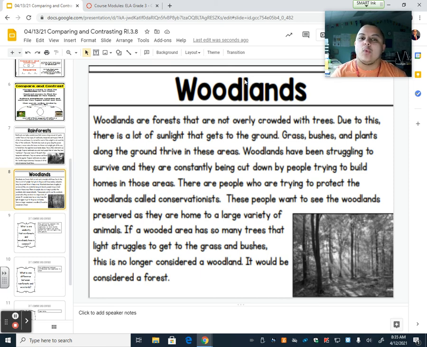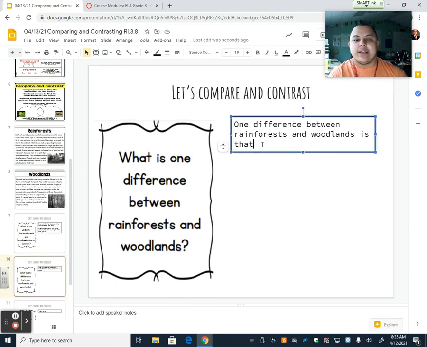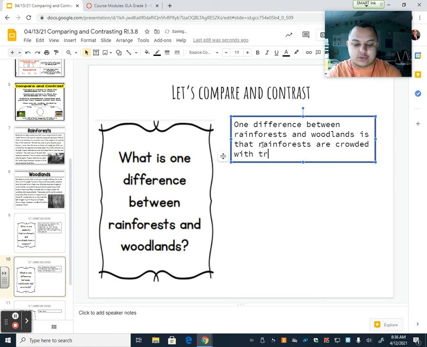Think of woodlands as the woods, if you've ever gone exploring in the woods. So the difference is that rainforests are crowded with trees and woodlands are not.